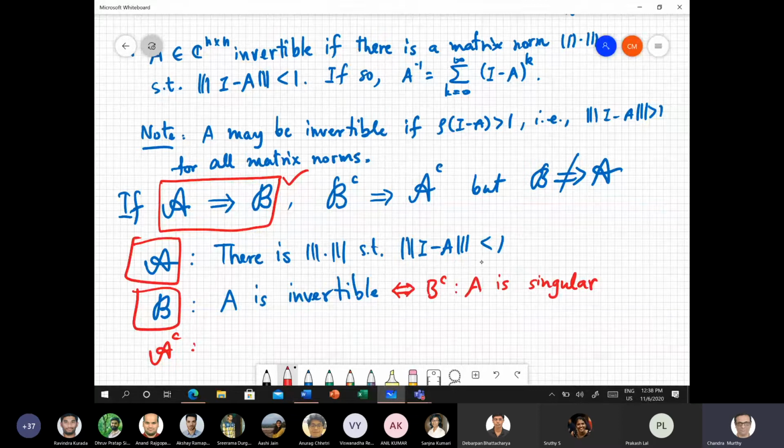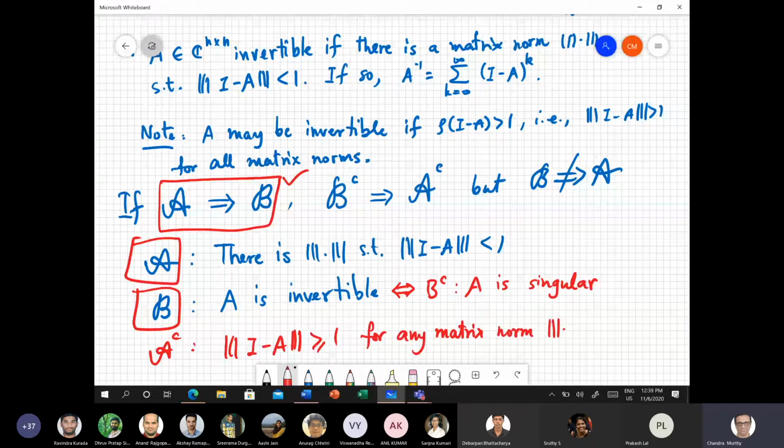The opposite of this statement is that there is no norm such that norm of I minus A is less than 1, which means norm of I minus A is greater than or equal to 1 for all matrix norms. So B complement implies A complement is the statement that if A is a singular matrix, then if you compute norm of I minus A, you will always get a number that's greater than or equal to 1, no matter which norm you pick.